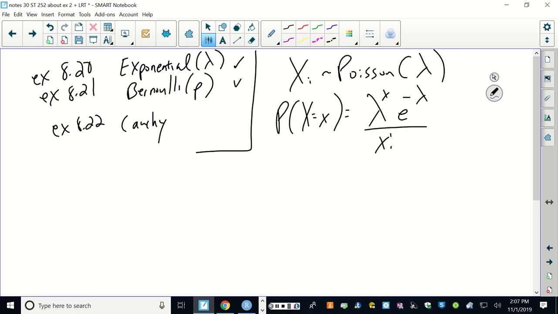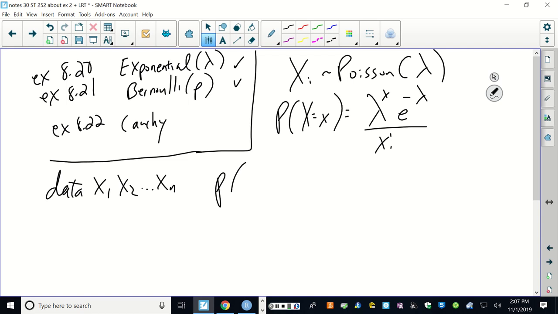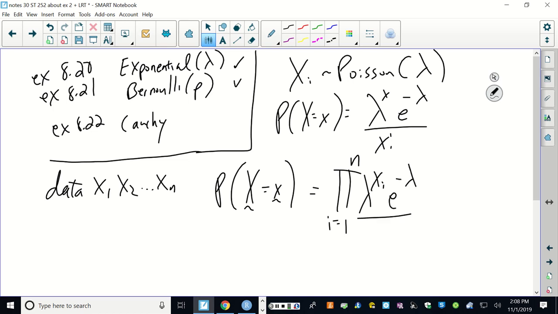So if we have a bunch of observations x1, x2, ..., xn, the probability of all our data is the product of all these things: a lambda to the xi, e to the negative lambda, and an xi factorial.